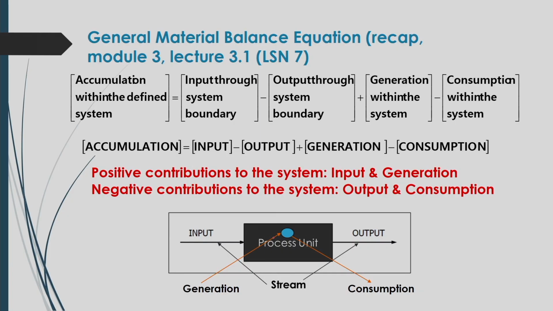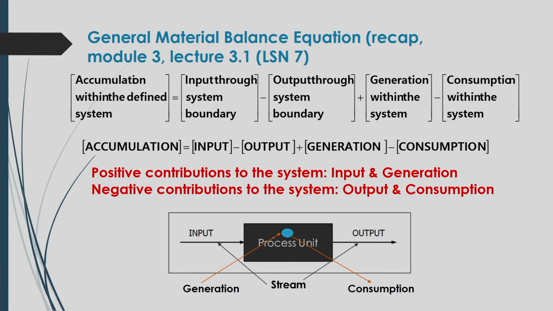We have discussed it in module 3 in lecture 3.1, where the lecture serial number is 7. There we discussed the general material balance equation: accumulation within a defined system equals input through system boundary minus output through system boundary plus generation within the system minus consumption within the system. That means, in short, accumulation equals input minus output plus generation minus consumption.